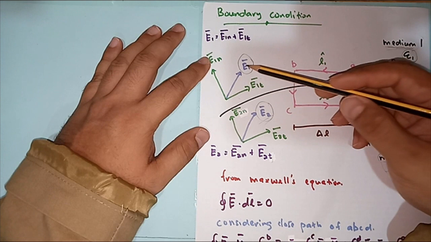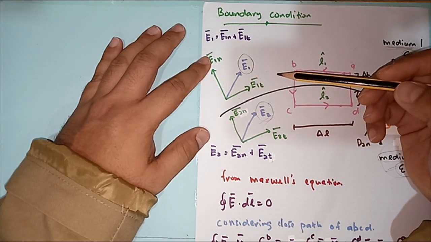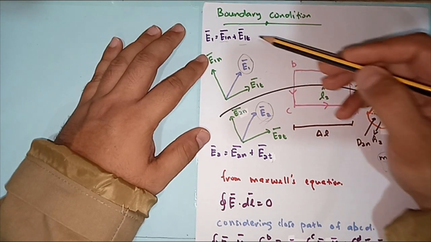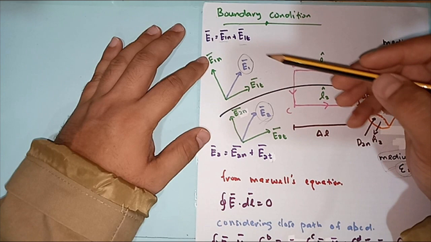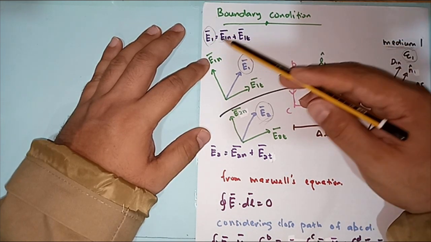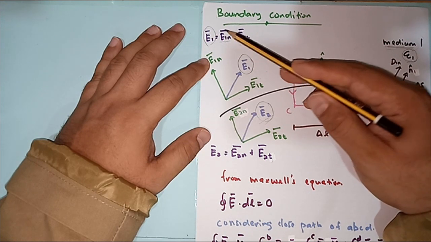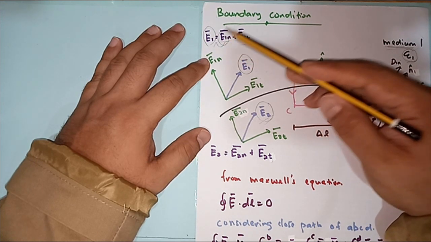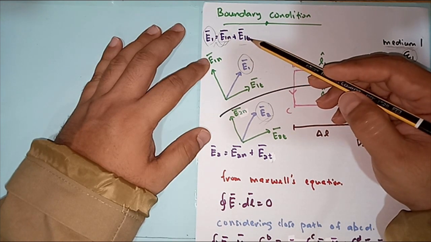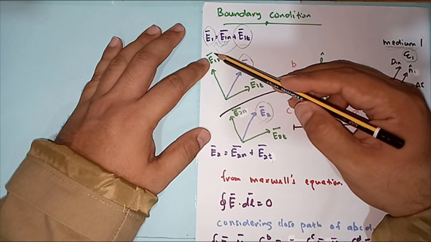Those vectors can be divided into two different components, the normal and tangential components. Therefore, vector E1, for example, is equal to vector E1n, which is the normal component of this vector, plus vector E1t, which is the tangential component of this vector.